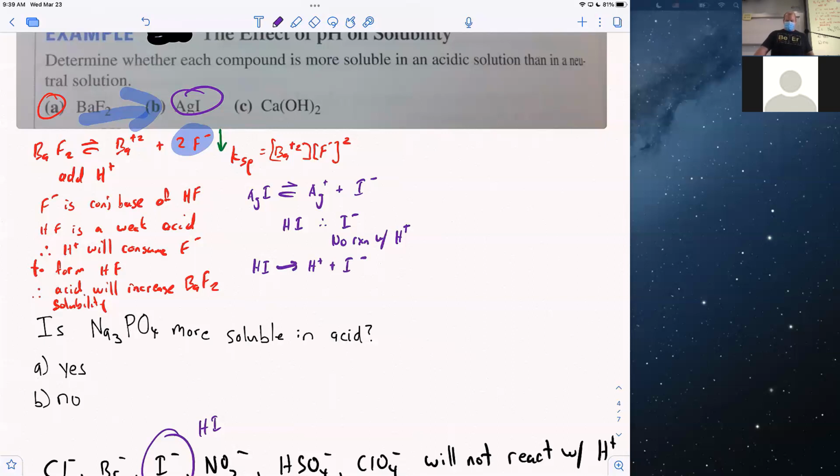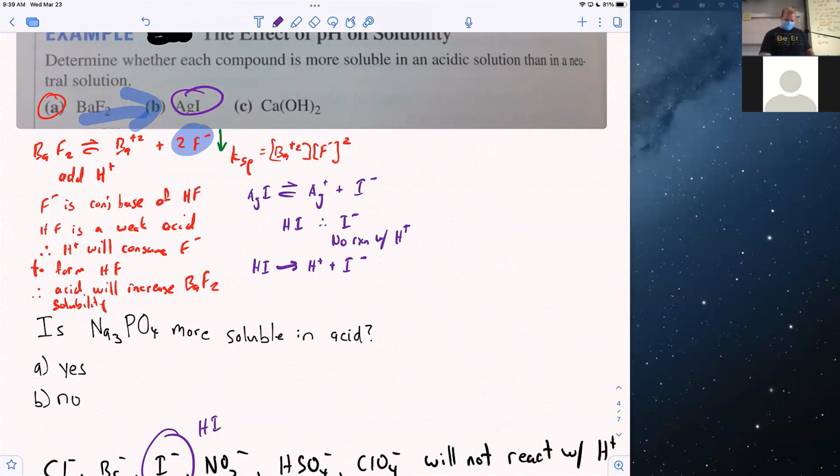So hitting iodide with a proton, strong acid, they don't like each other. They're not going to form a compound. Well, they might, if you take away the water. If you take away the water, they will form a compound. But in water, hydrogen and iodine form hydrogen ion and iodide anion. They don't go the other way at all.